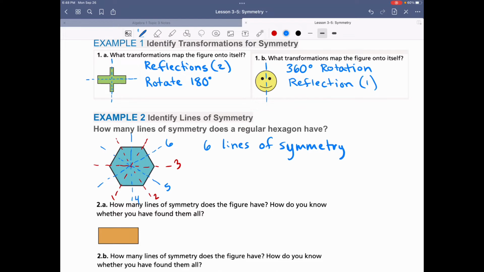It also has rotational symmetry because you could rotate it a sixth of a turn, so that'd be 360 divided by 6, which is 60 degrees. So it has 60, and then you can just keep adding 60 degrees, 120, 180, 240, 300, and 360 degrees of rotational symmetry.